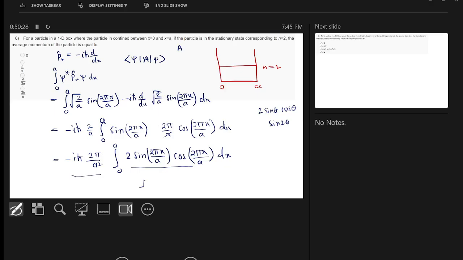So leaving it here and solving for this, 0 to a sin 4 pi x by a. So we can write, so this is 0.